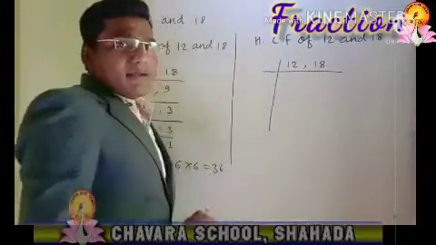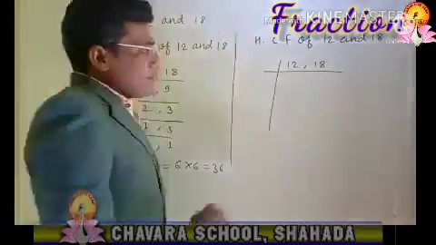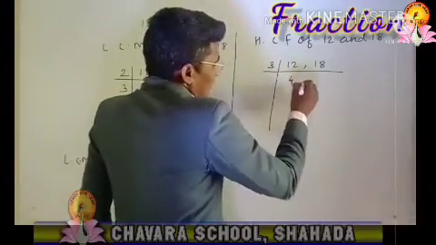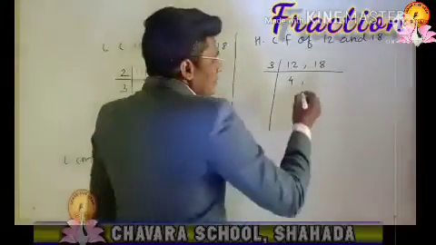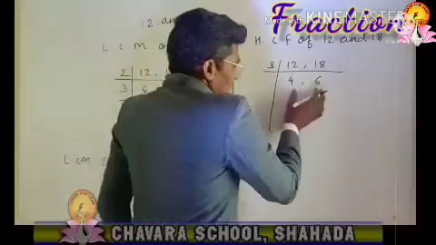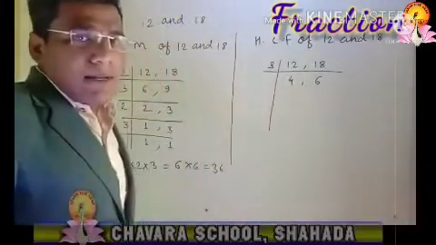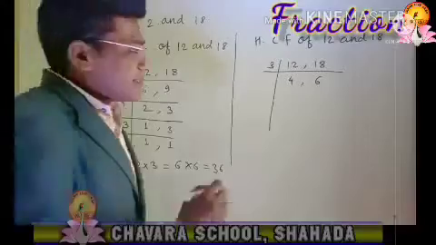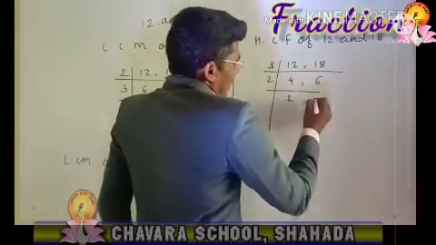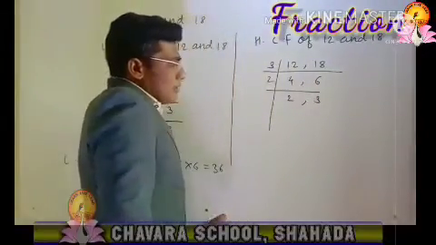Divide these numbers by a common factor. That is 3. 3 fours are 12 and 3 sixes are 18. Now both numbers are also divisible by another value, that is 2. 2 twos are 4 and 2 threes are 6.